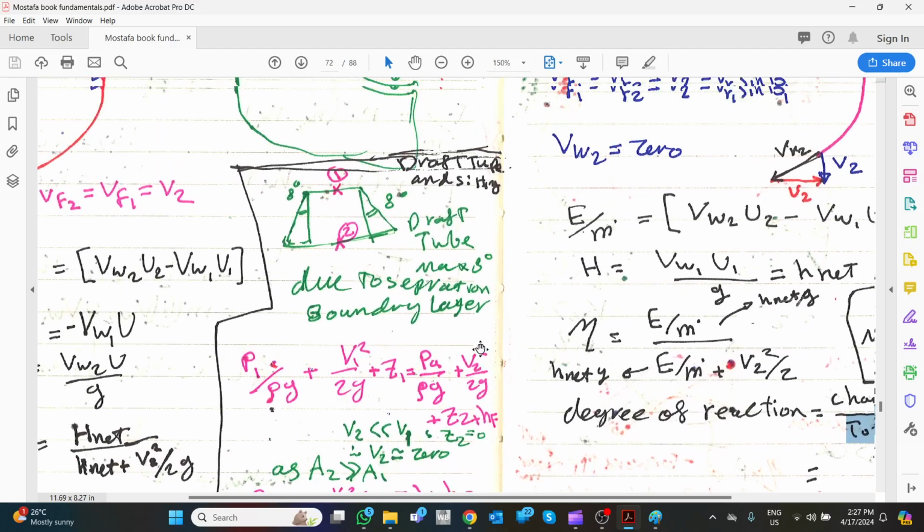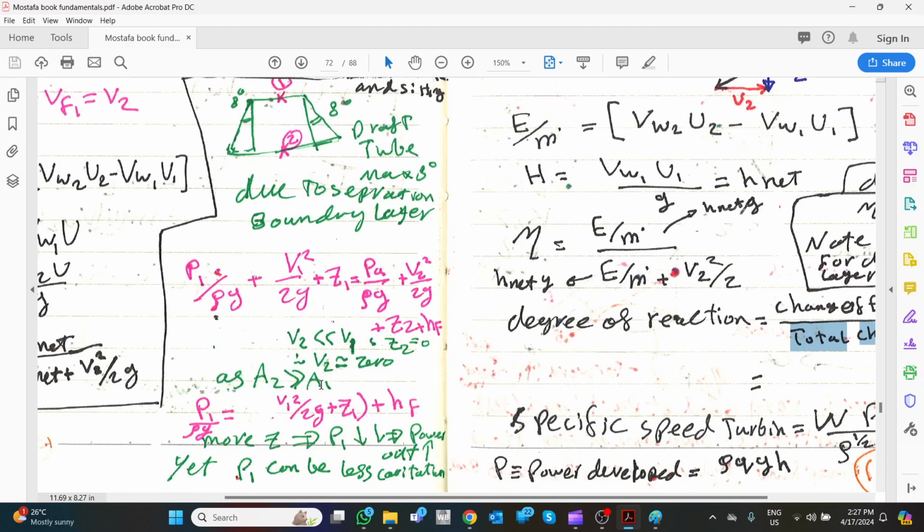And z2 we will assume is our datum, so it is equal to 0. And v2 we will assume is equal to 0, because A2 is way bigger than A1. So we can say that the pressure p1 over rho g is equal to v1 squared over 2g plus z1 plus h friction.